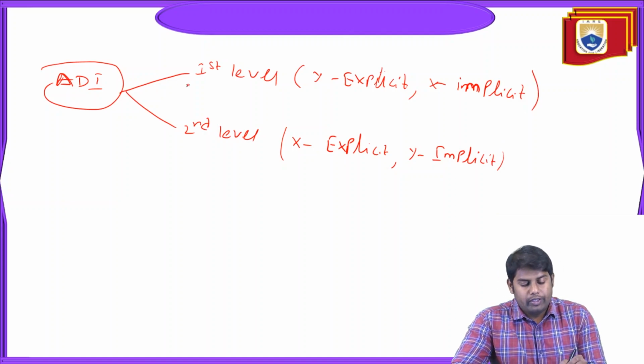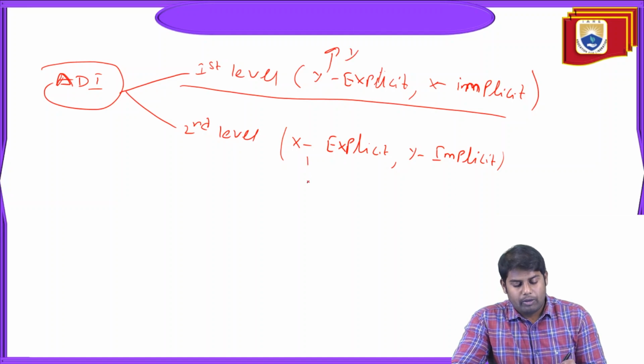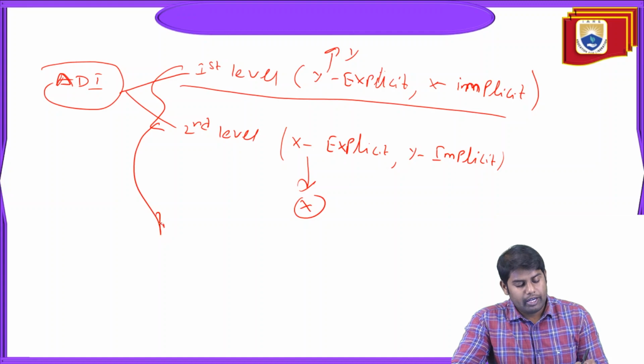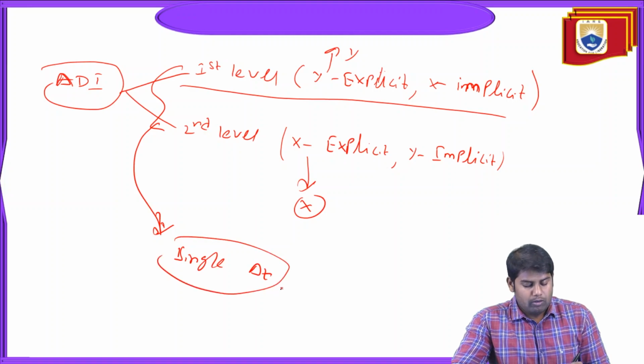By doing this, from this we get the y values, and from this we get the x values. When we club these two, we get a single delta T, which is of both x and y.